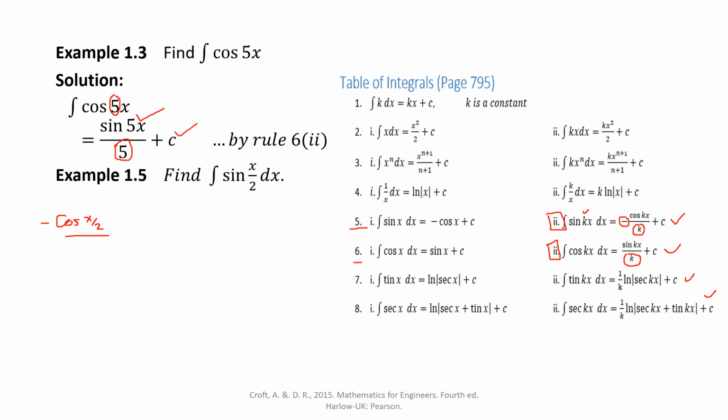I should have written that this is actually sine of 1 by 2 x. So this is k. These two expressions are the same, so divide by k.